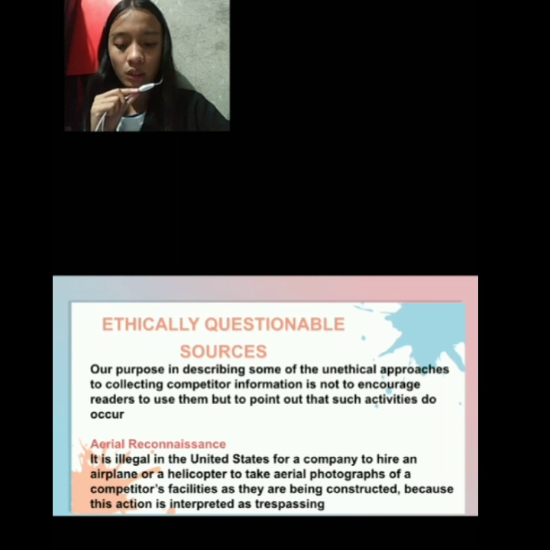So, here comes the part against spying. Earlier it was spying at trade shows, now here it is against spying, because some of the companies are not allowed to take photographs outside or from the satellites.